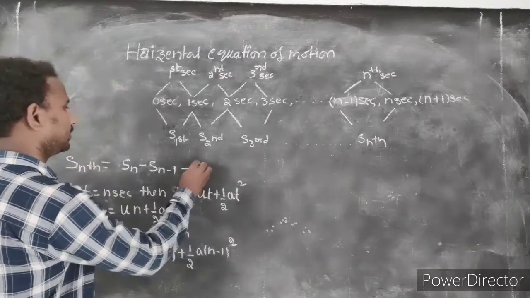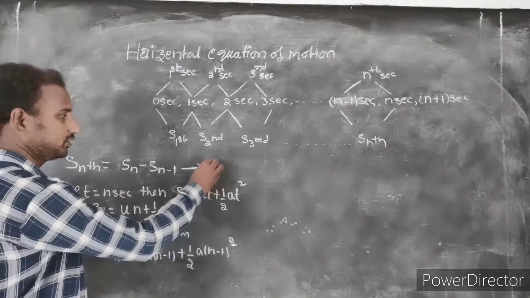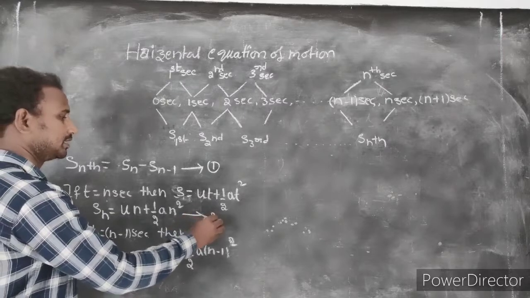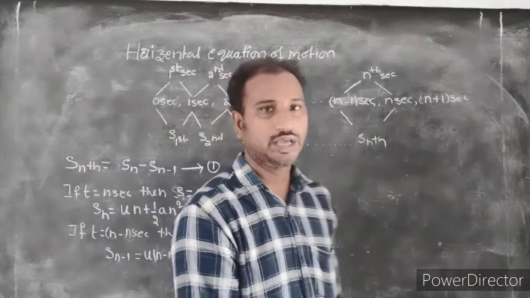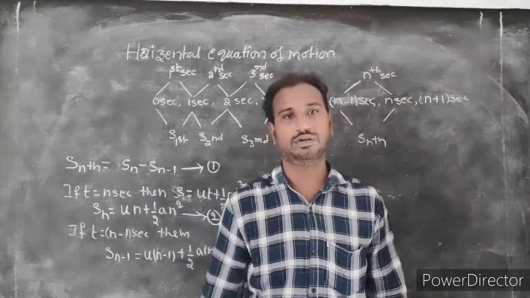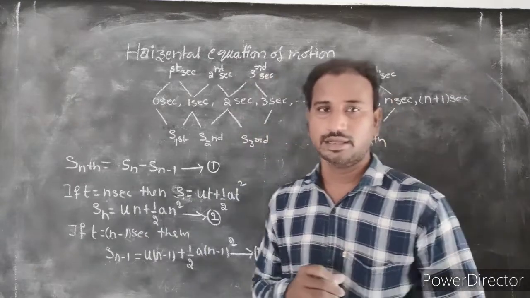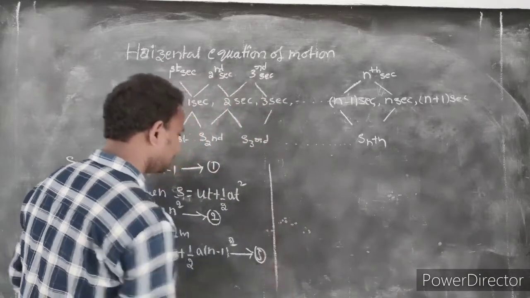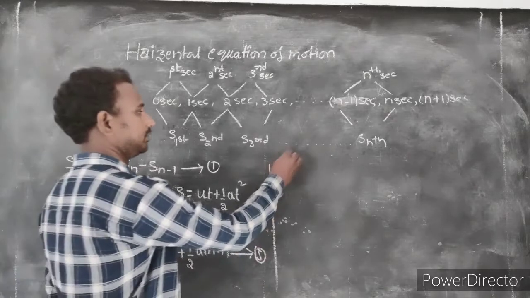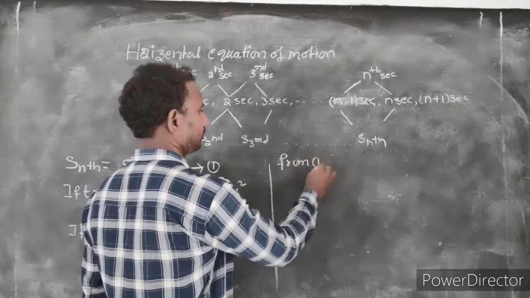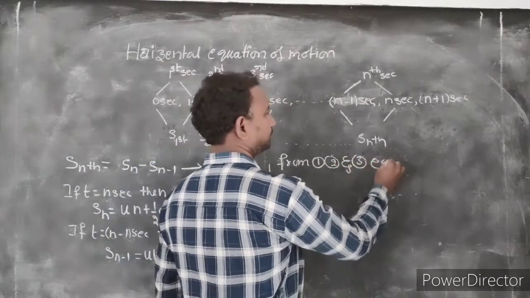So now we represent the equation for S_n, the formula S_n equals S_n minus S_(n-1). From the first, second and third equations, we can get the fourth equation of motion. Understood? So now we can continue our class. Now just identify this condition, from the first, second and third equations.